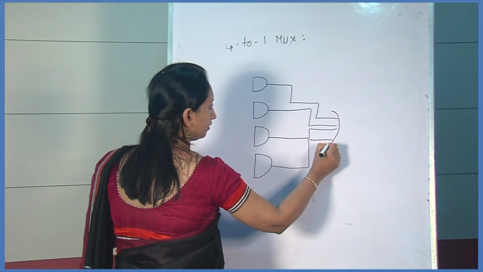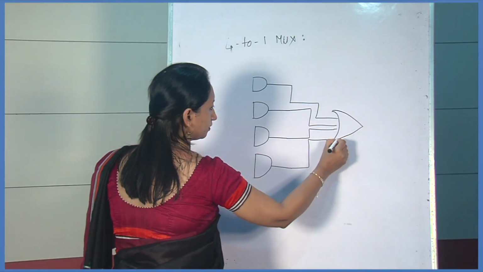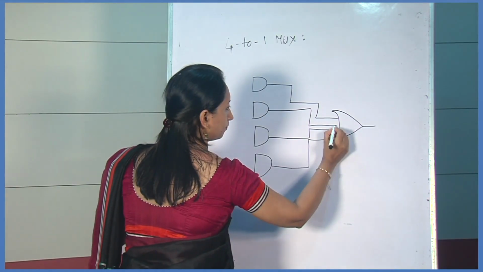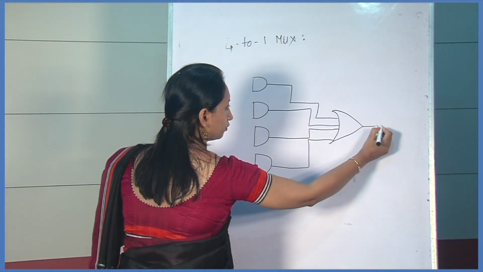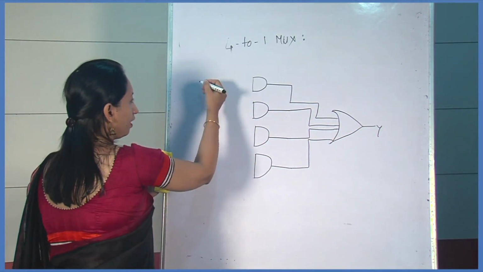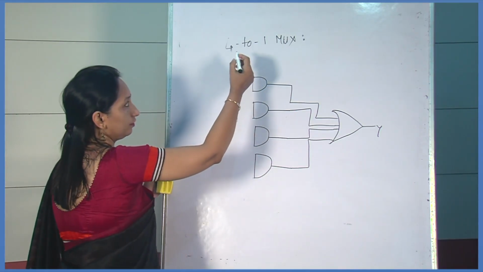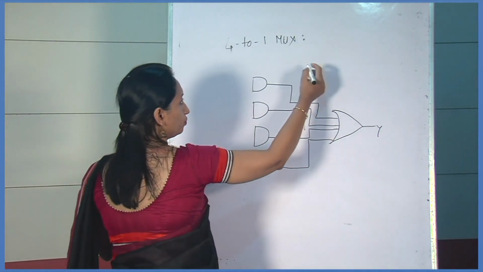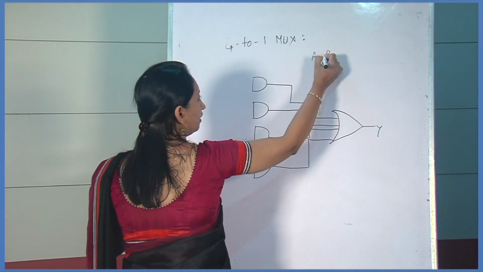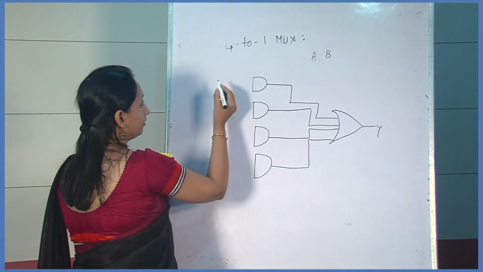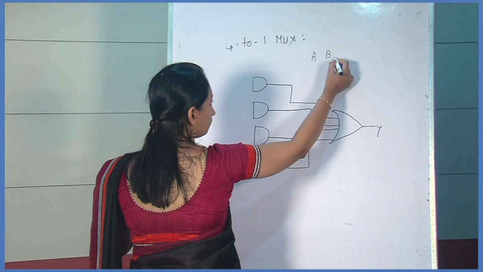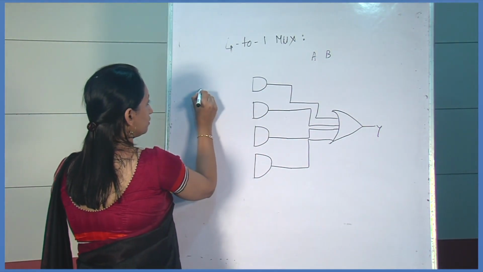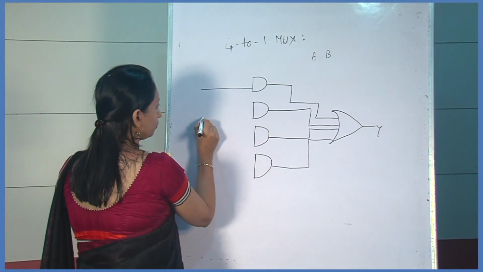Here we add an OR gate. The output is Y. As here the control lines will be 2, suppose A and B are the control lines, and the data inputs are D0, D1, D2, then D3.